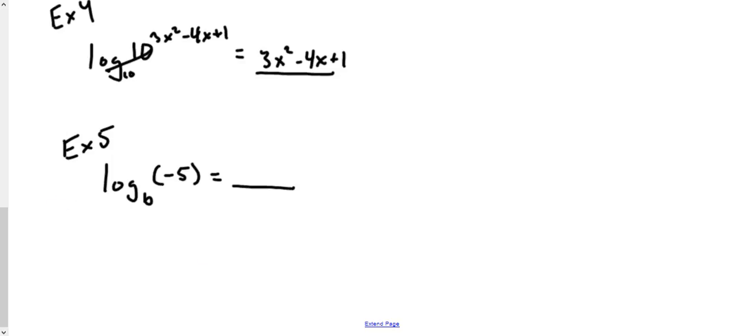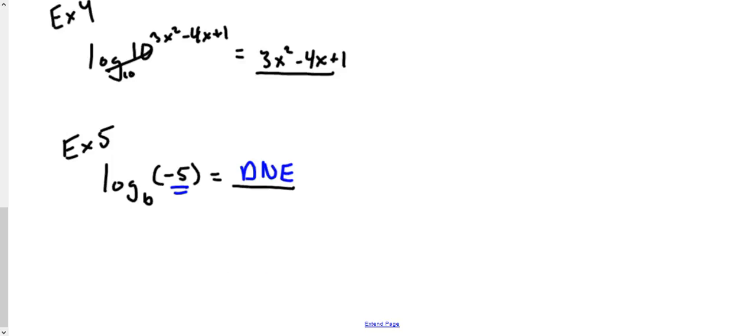Well, hopefully everybody knows that this answer does not exist. You cannot take the log of a negative number, ever. You can have a log base b of negative x, because that's a variable, but you can't have a log of a negative value. So that one doesn't exist.